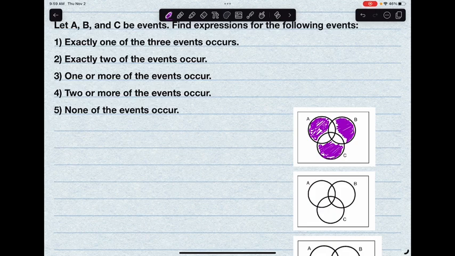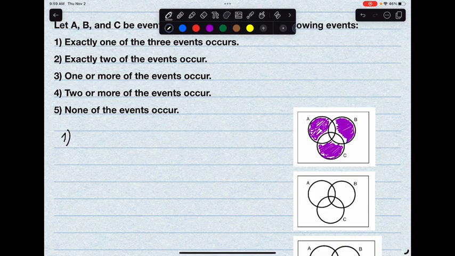So that's going to be for part one of the question. It's going to be A union B union C, and we subtract the differences.